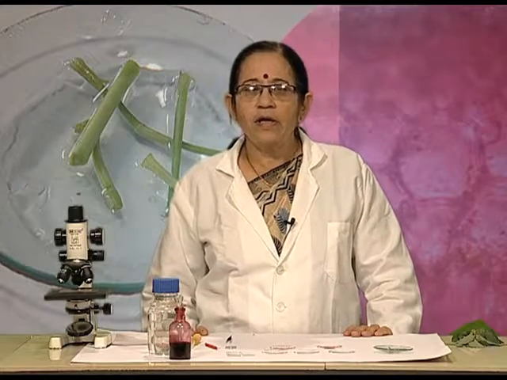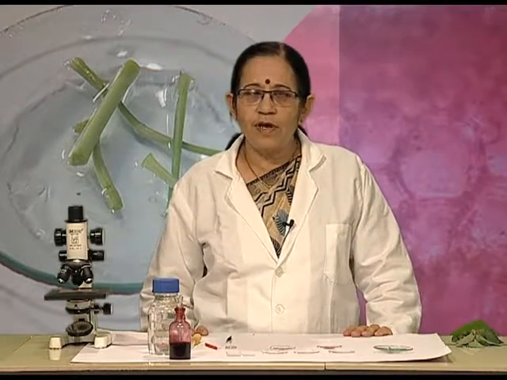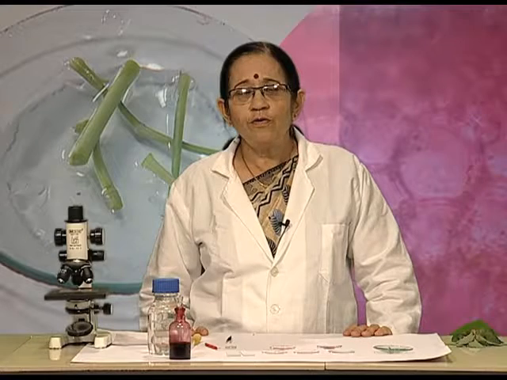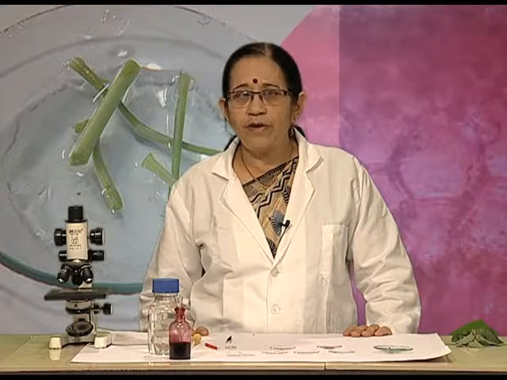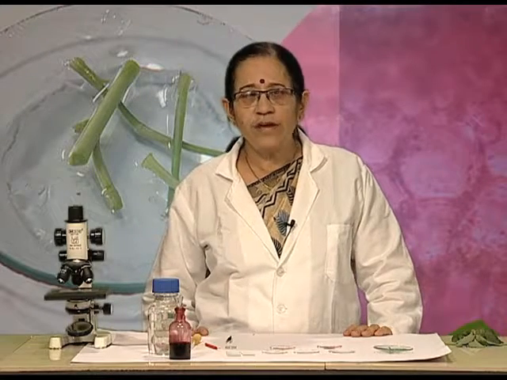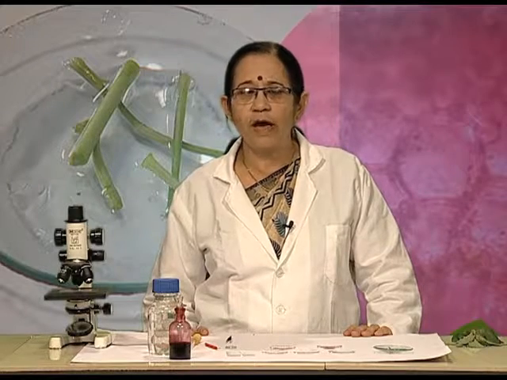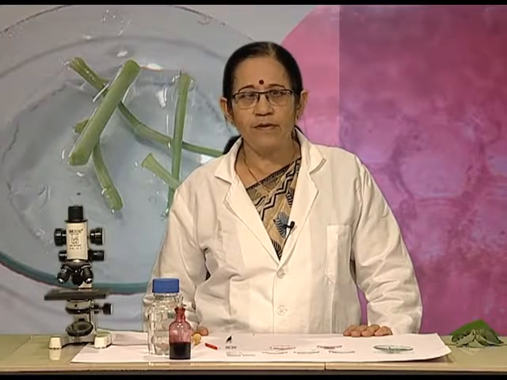Number 1, parenchyma cells are thin walled, sclerenchyma cells are thick walled. Parenchymatous cells, they are loosely arranged and they have intercellular spaces. Sclerenchymatous cells, they are compactly arranged and they do not have intercellular spaces.